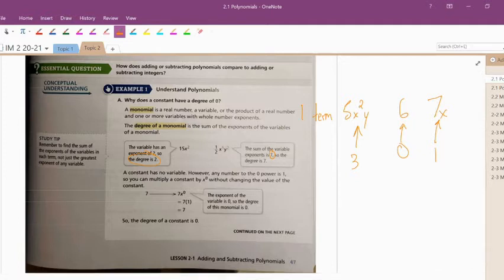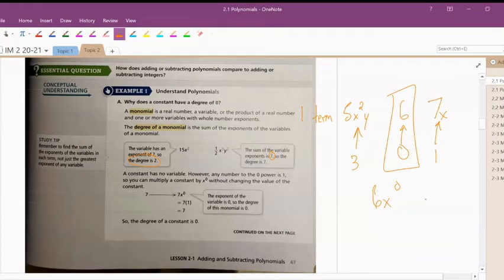A constant has no variable, like we saw here. So it's kind of like saying x to the 0. And hopefully we remember that anything to the 0 power is 1. Star to the 0 is 1. John to the 0 is 1. Doesn't matter.